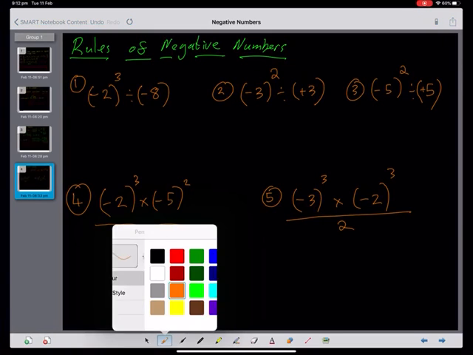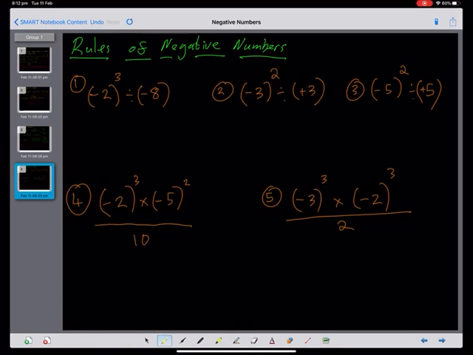Okay, so hopefully you've done these. Let's do the solutions in yellow. Okay, so let's write what these actually mean. So we've got negative 2 multiplied by negative 2 multiplied by negative 2. And I'm going to write the division as negative 8 in brackets.